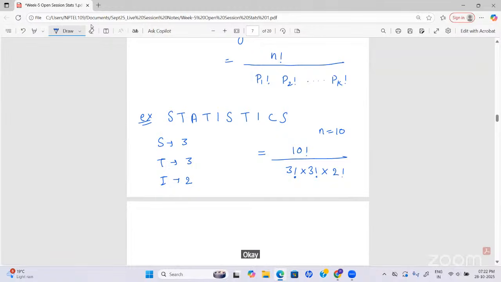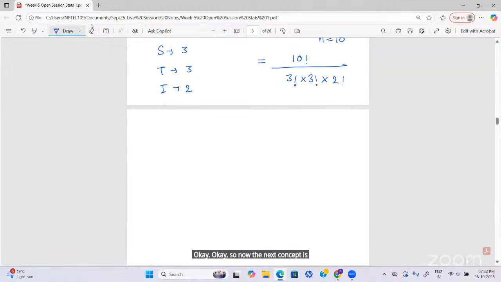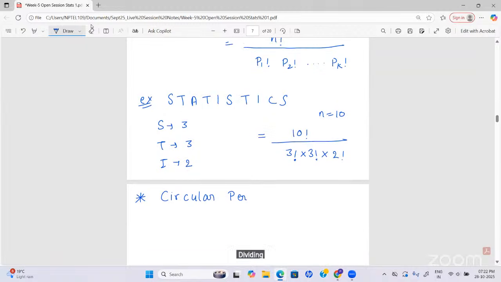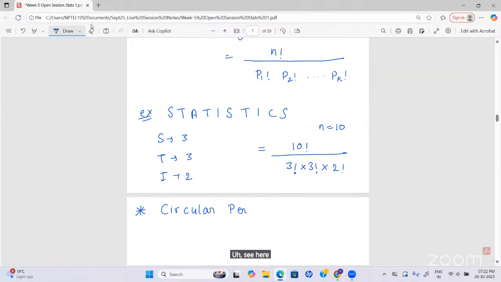Okay, so now the next concept is circular permutation. Ma'am, one question. In statistics, is repetition allowed or not allowed? The question is not about repetition being allowed.